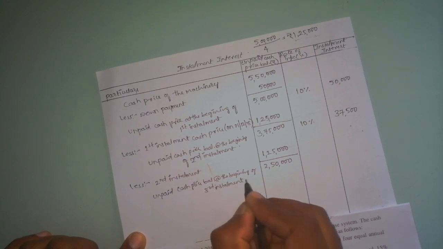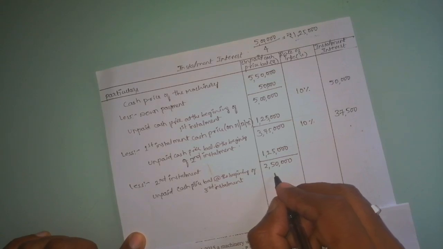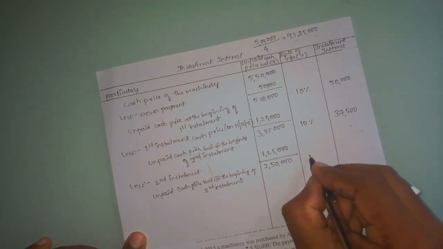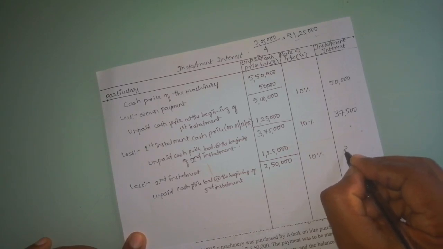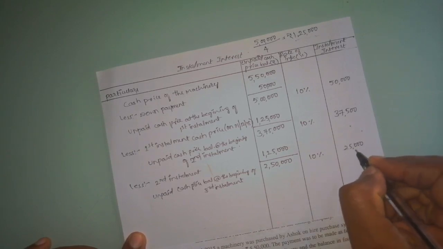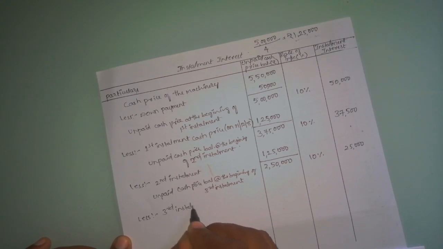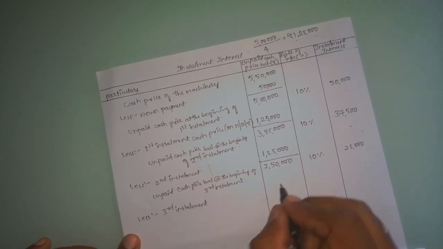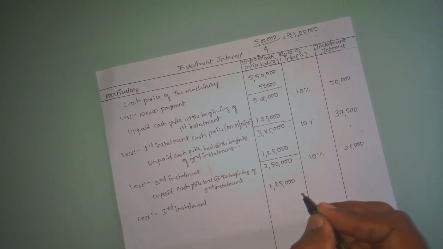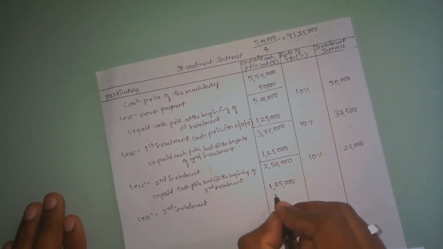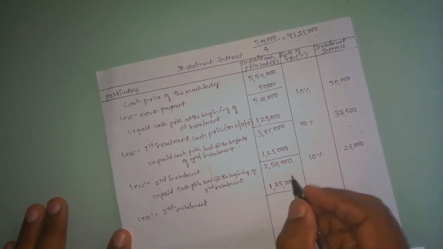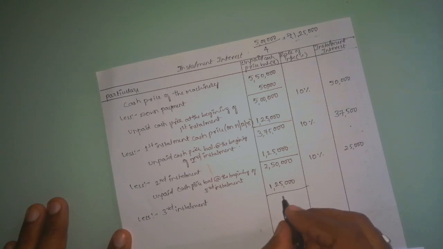On the remaining balance of 2,50,000, you need to put 10% interest, so 25,000. After that, less third installment. How much? 1,25,000. Each installment consists of an equal annual value of rupees 1,25,000. After deducting 1,25,000 from 2,50,000, we get a balance of rupees 1,25,000.